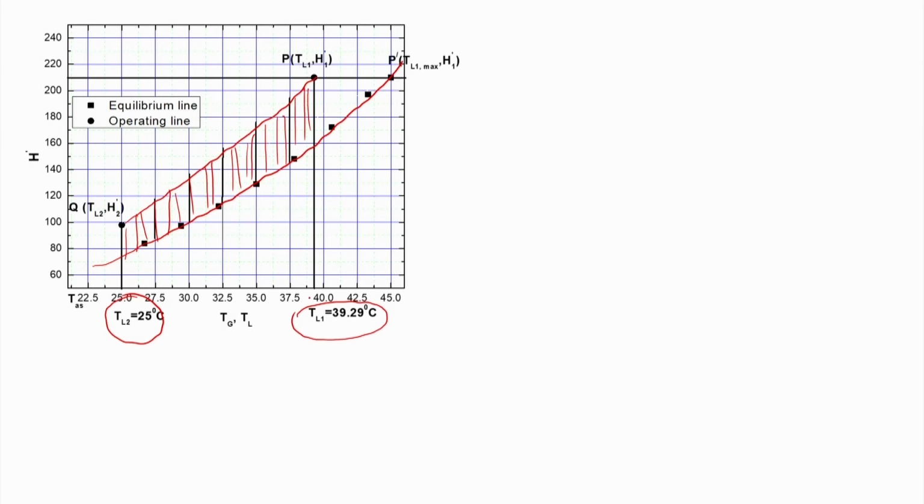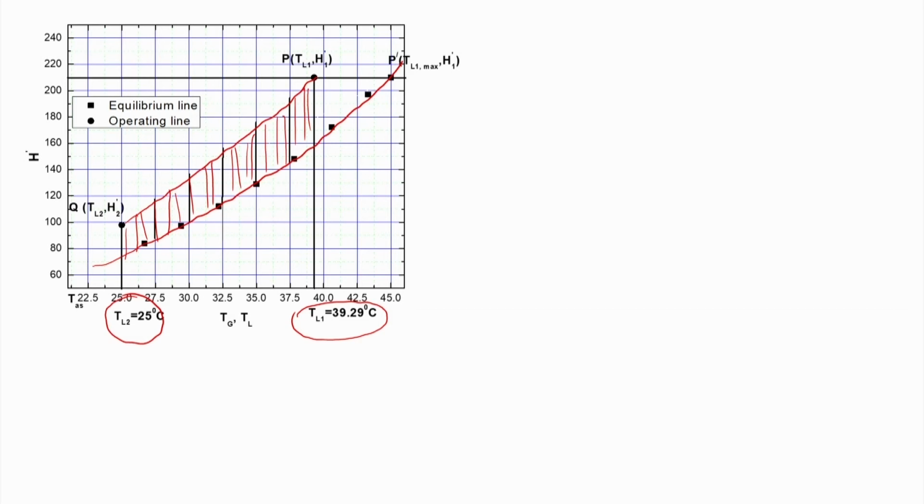In between, we need to get the enthalpy value and the equilibrium enthalpy value, and in all cases the equilibrium enthalpy values will be much lower than the actual enthalpy value in the air. So, we need to find this out.